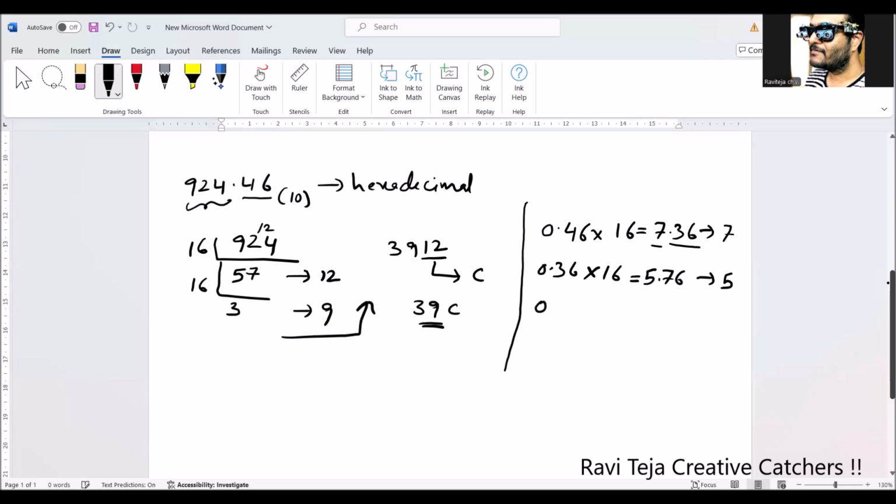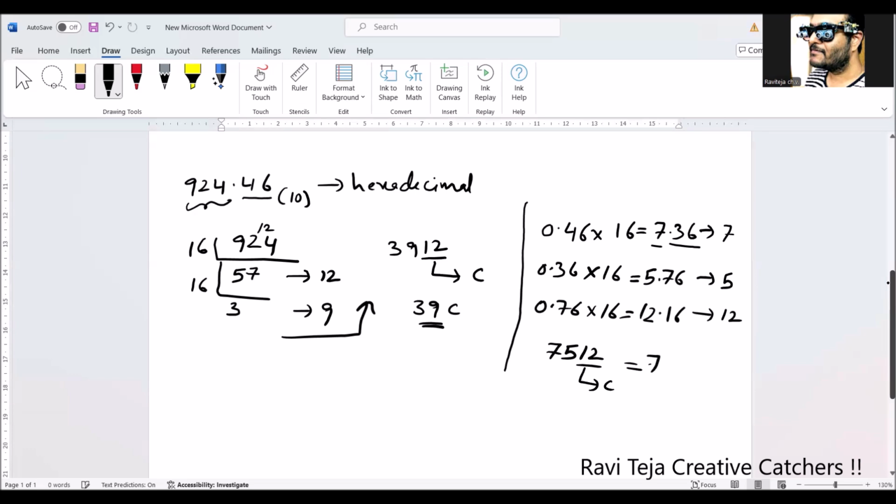Again, multiply 0.76 with 16. So it will be around 12.16, and take the value 12. You can do up to 3 operations. So 3 operations will be sufficient for the number after the decimal point. So what is the value we got? 7, 5, 12. Okay. So 12 can be written as C, right?